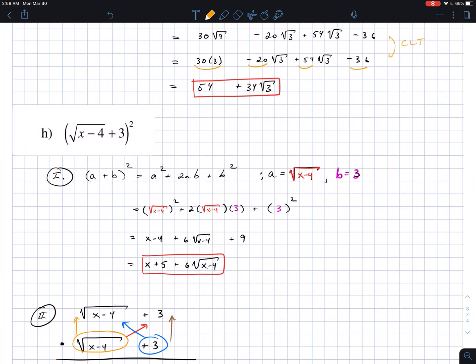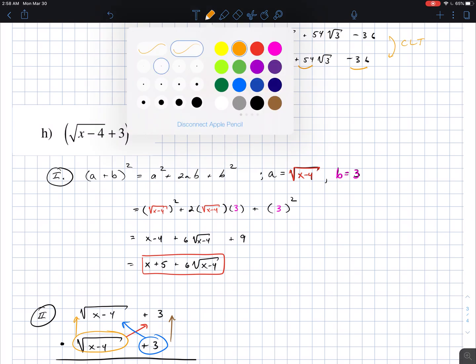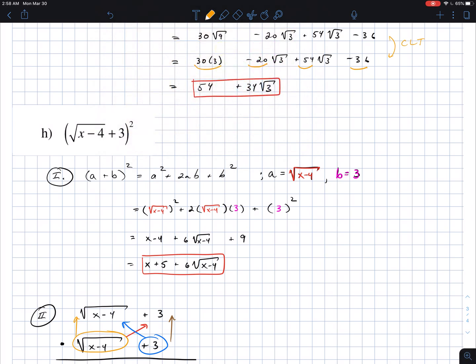Here's one of our special ones. I did it out. I'm still using orange. I did it out using our binomial here that we're squaring. And remember our little expanded. So here's the binomial squared, and this right here is our expanded version. I then told you what A and B was, and then I did what?